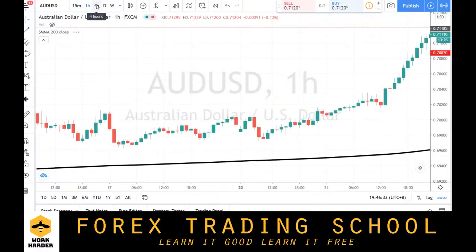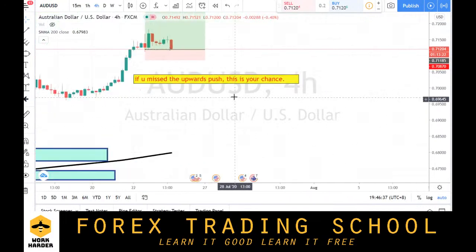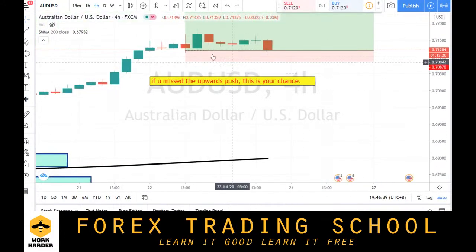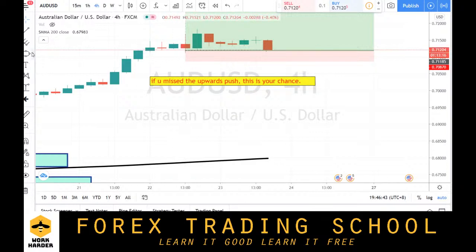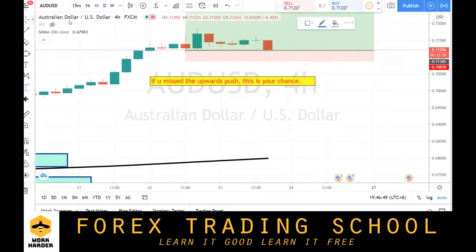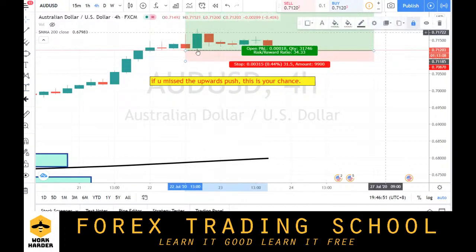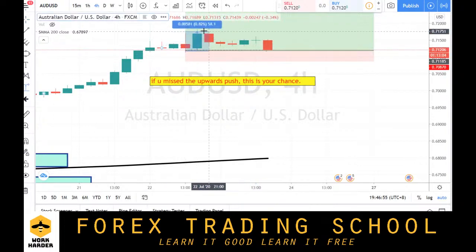See on the 4 hour what happened. Okay, took it here clearly. Just now we showed you, it went all the way up. Let's look at this up. 64 pips.